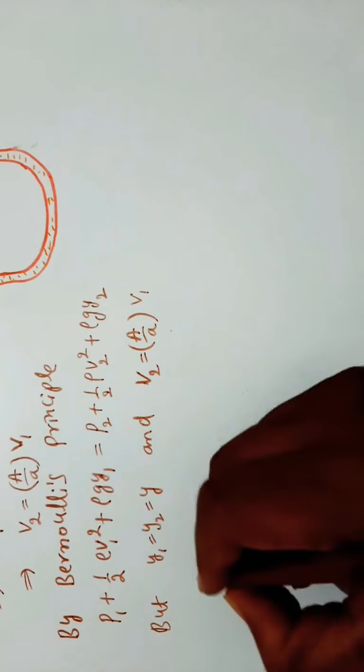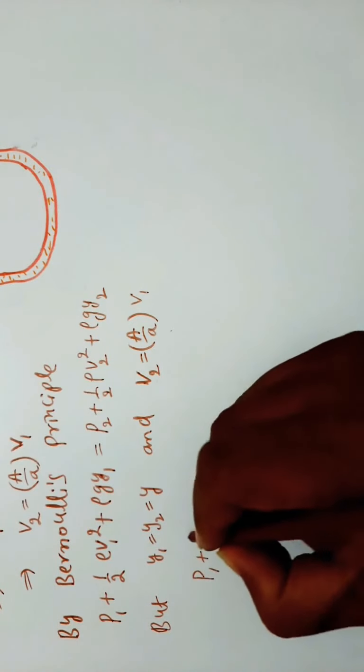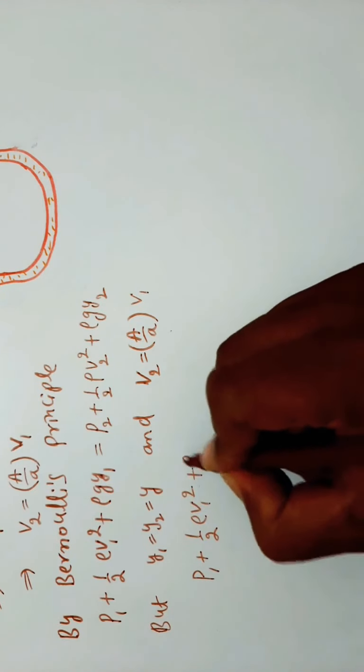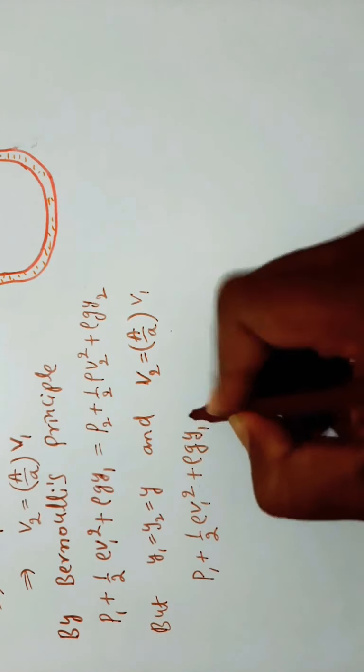So that is P1 plus 1/2 rho V1 squared plus rho g Y1.